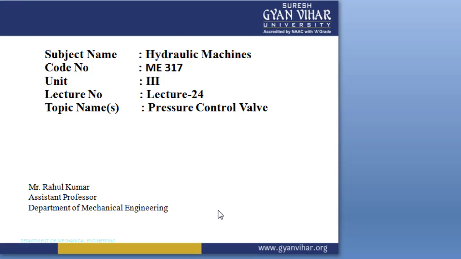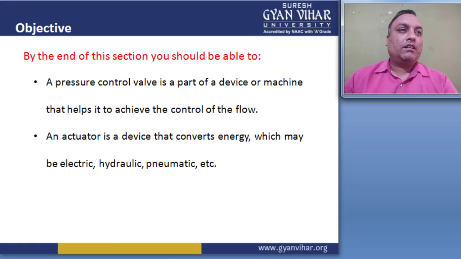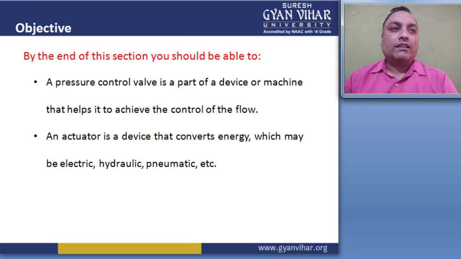So, going to the objectives of the pressure control valve, by the end of this section you should be able to understand the concept and operation of the pressure control valve.